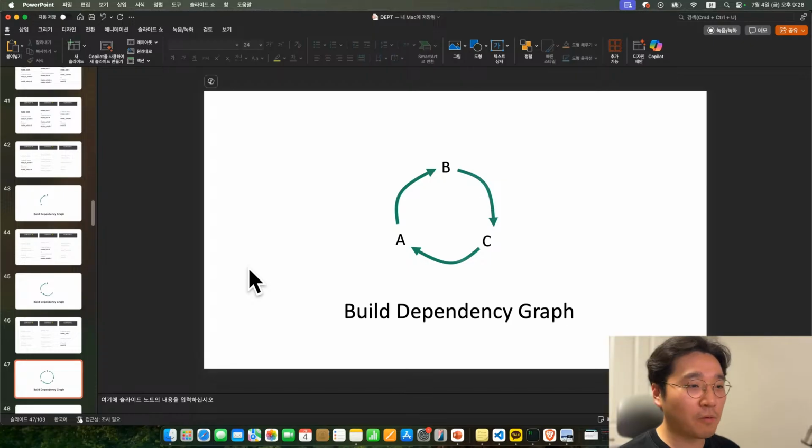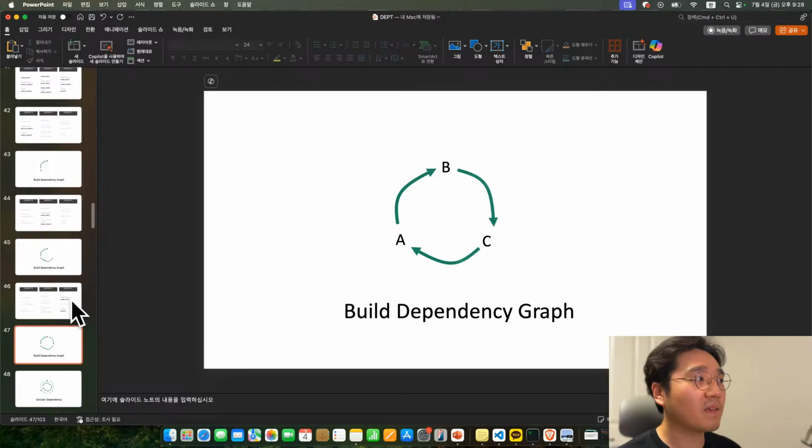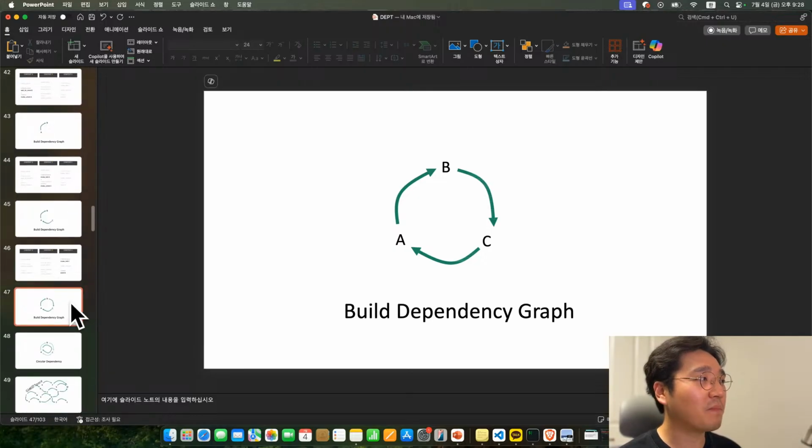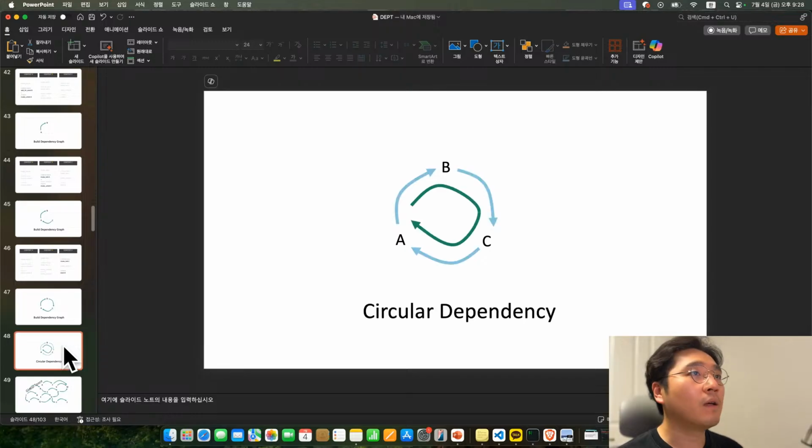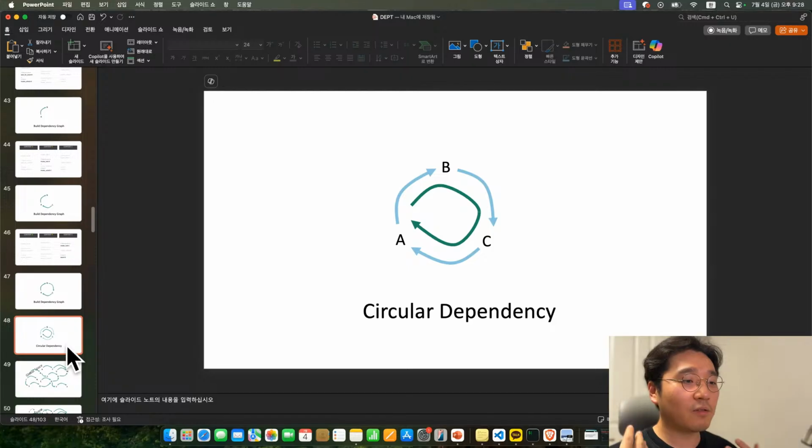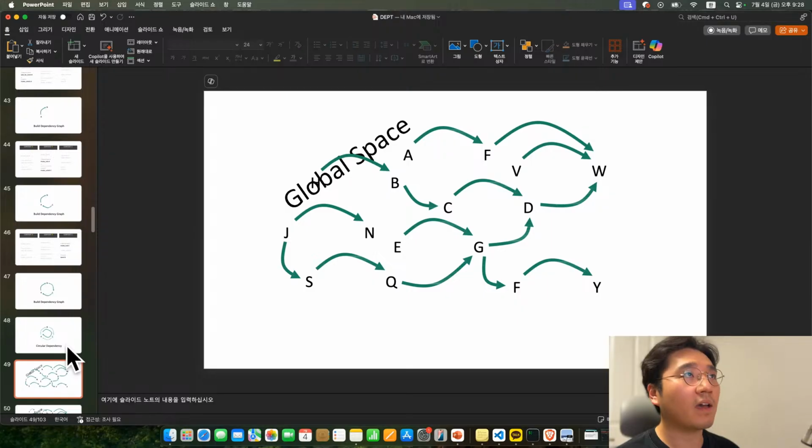But there is no previous research for that in computer science. If there was some research for that, I want to know and I appreciate you reporting it to me, right? So this makes a circular dependency, and as you know, this is the deadlock. So that can detect deadlock, right?